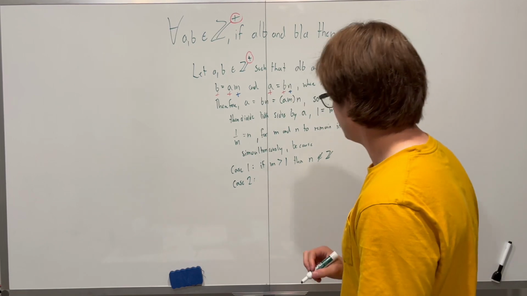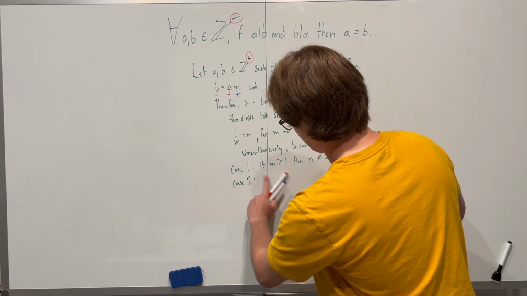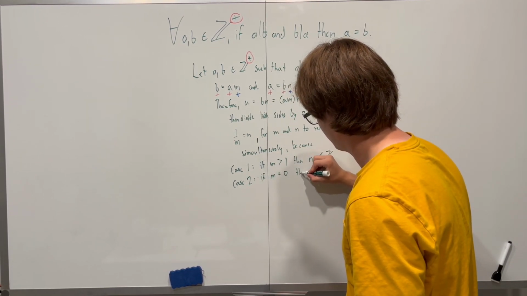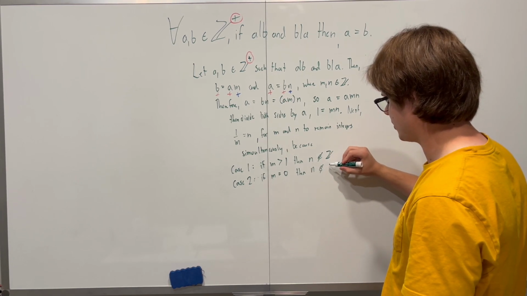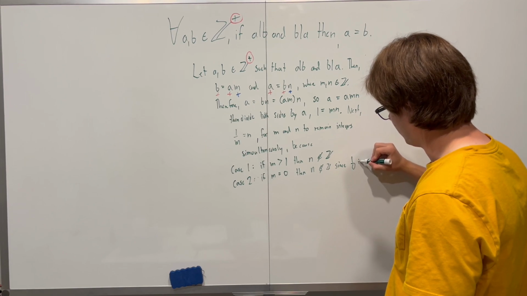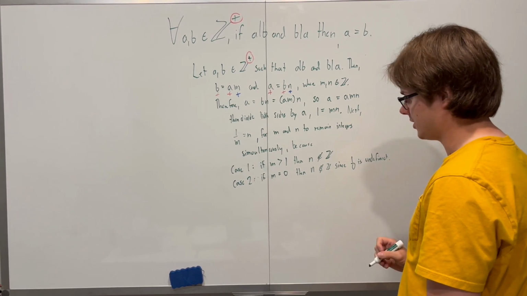Case 2: if m is 0, then n still cannot be an integer, since 1 over 0 is undefined. Fantastic.